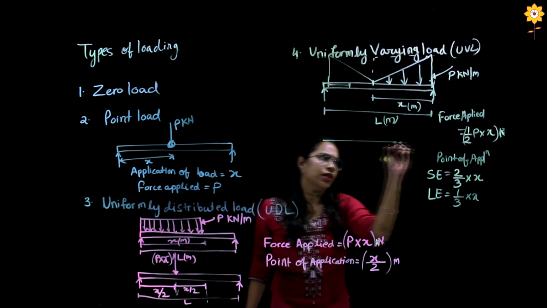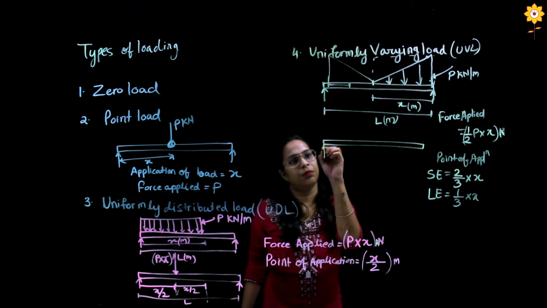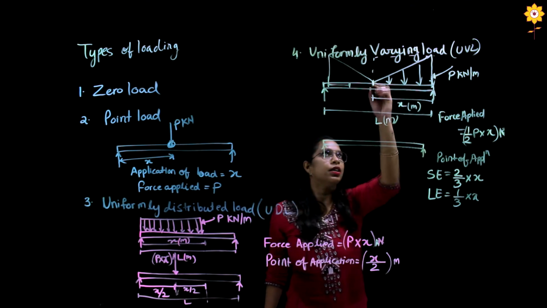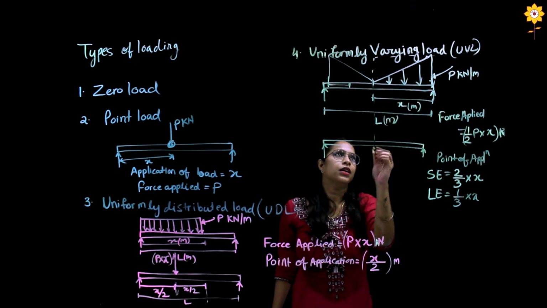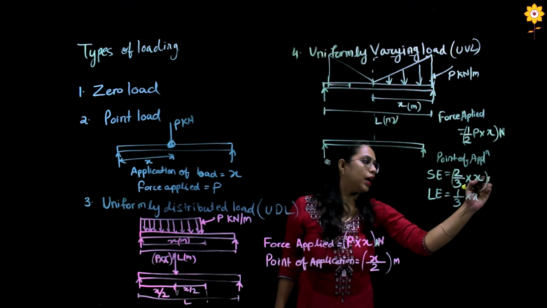Now I'll convert this into a point load and draw it on a similar beam. From the shorter end it is 2 by 3 x meters.